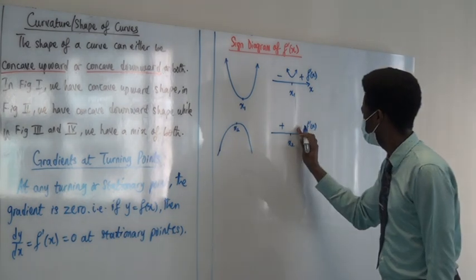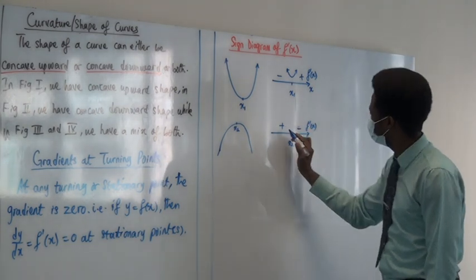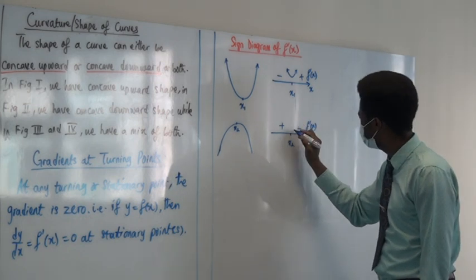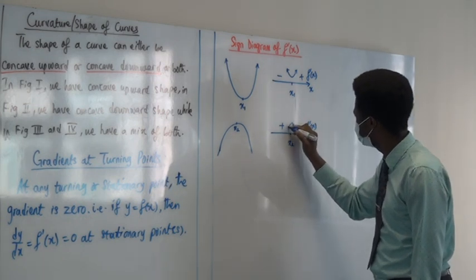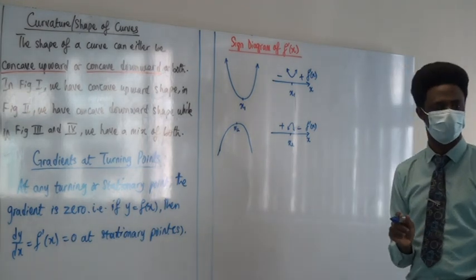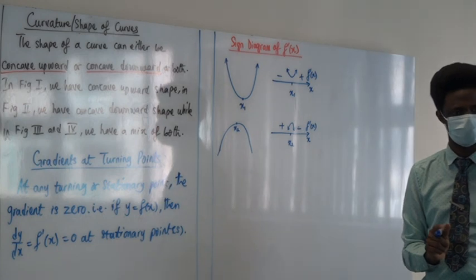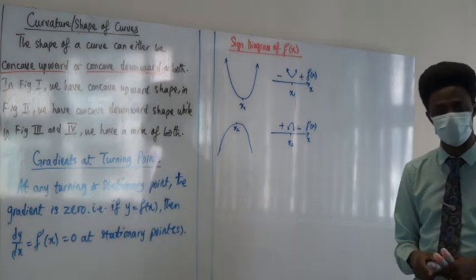Oh, my bad. So clearly, positive means it's going up, right? Negative means it's coming down. So this tells you the shape of the curve once you know the turning point. This is very useful, especially in curve sketching.